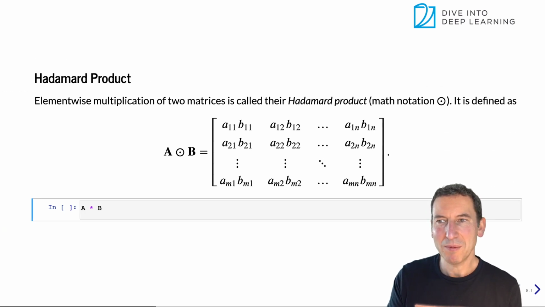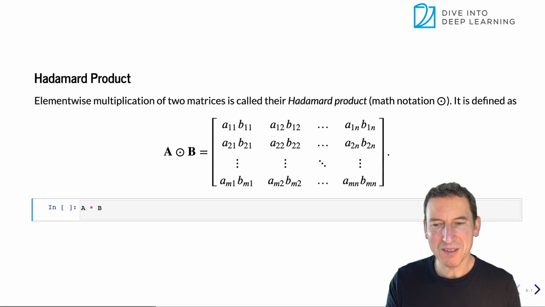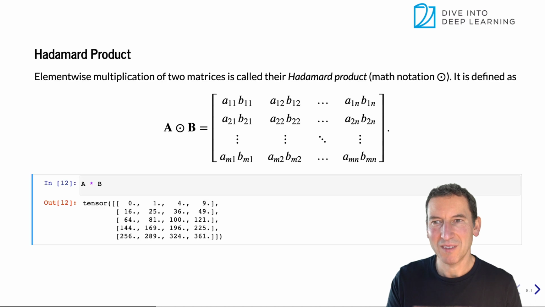I can multiply matrices. And there's a really, really important thing, and this is a perennial source of bugs in code, especially if you're a beginner. A times B is not a matrix-matrix product. A times B multiplies the entries of A element-wise with the entries of B. So the result of this is A11, B11, right?